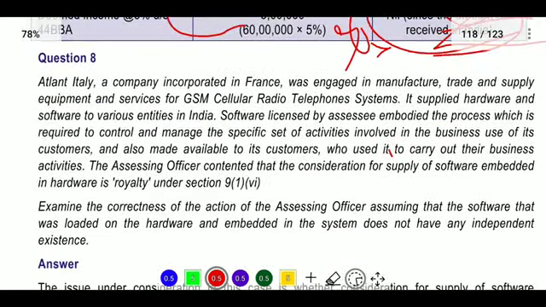Next, 8th question. What is there in 8th question? In 8th question, they provided that Atlant, a company incorporated in France, was engaged in manufacture, trade, supply, equipment, service for GSM cellular radio telephone system. It supplies hardware, software to various entities in India.